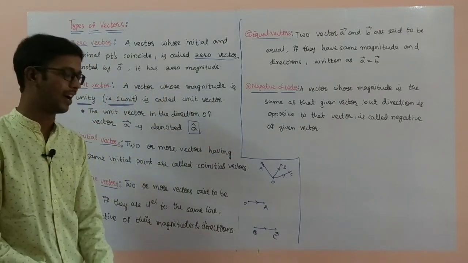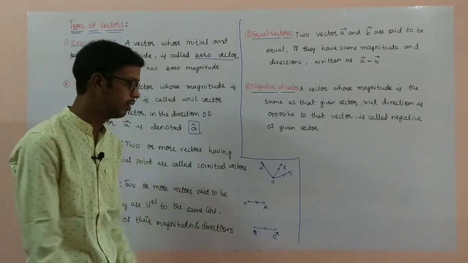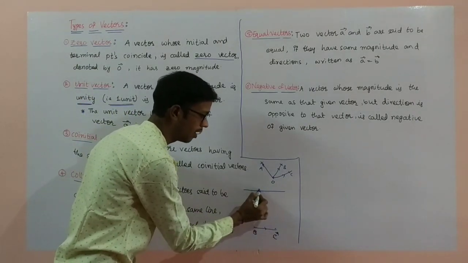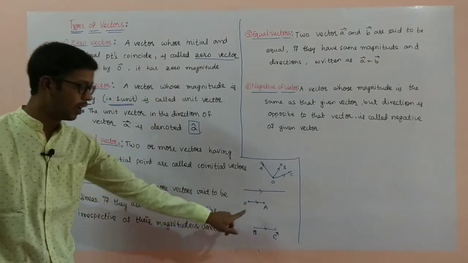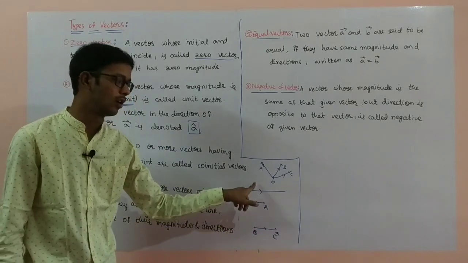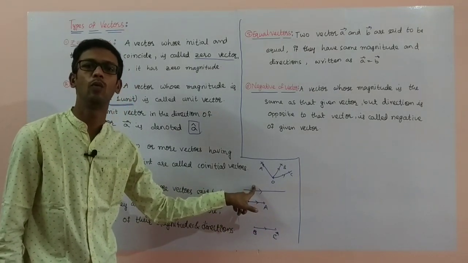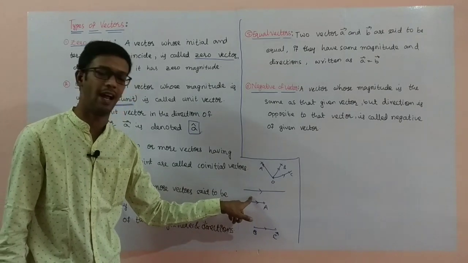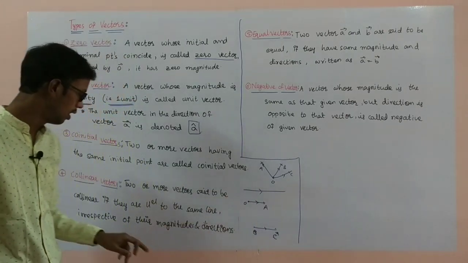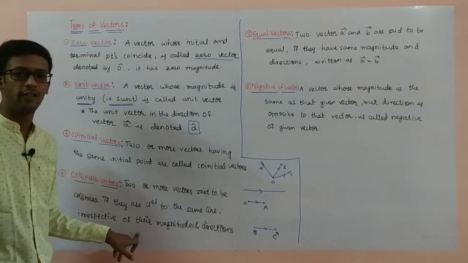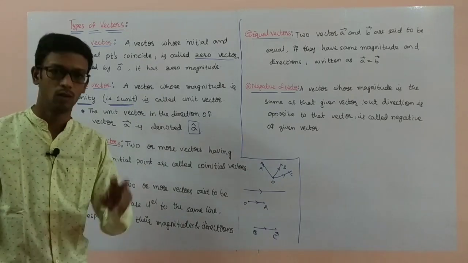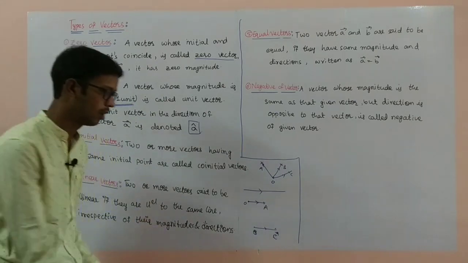Are these two vectors parallel to one line or not? If two vectors are parallel to the same line, those vectors are called collinear vectors. Collinear means two or more vectors parallel to one line.